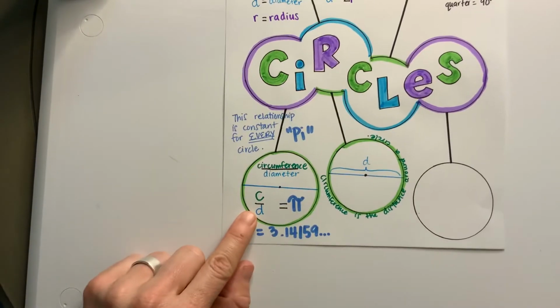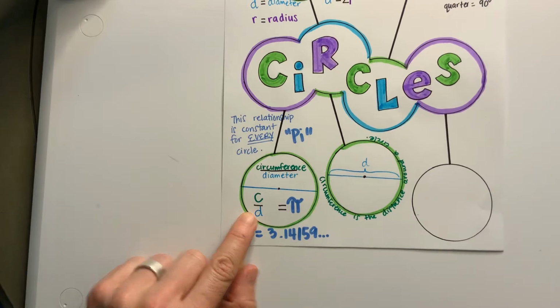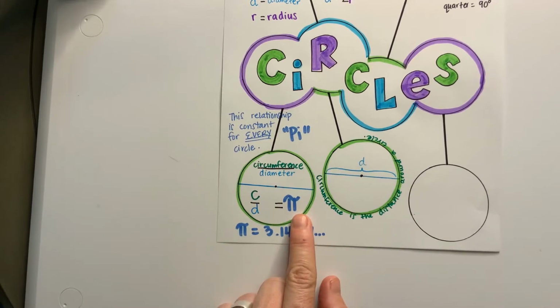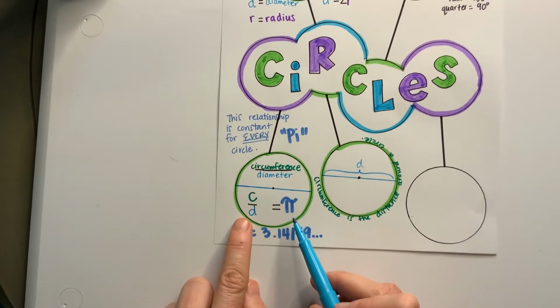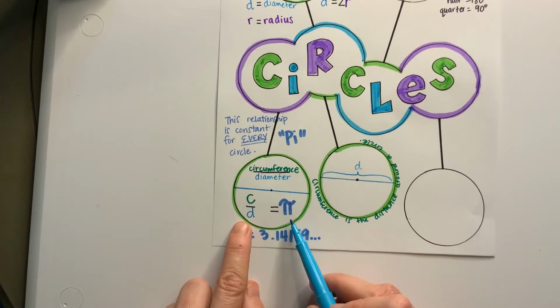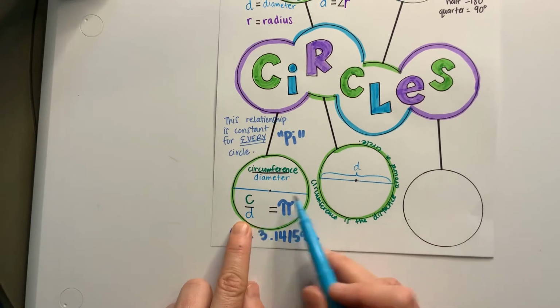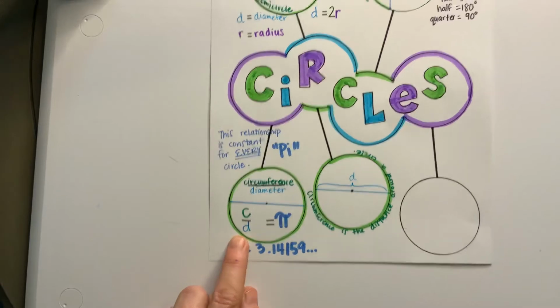So if I know the diameter and I know what pi is, I can use my steps of solving things algebraically to figure out the missing piece, the circumference.